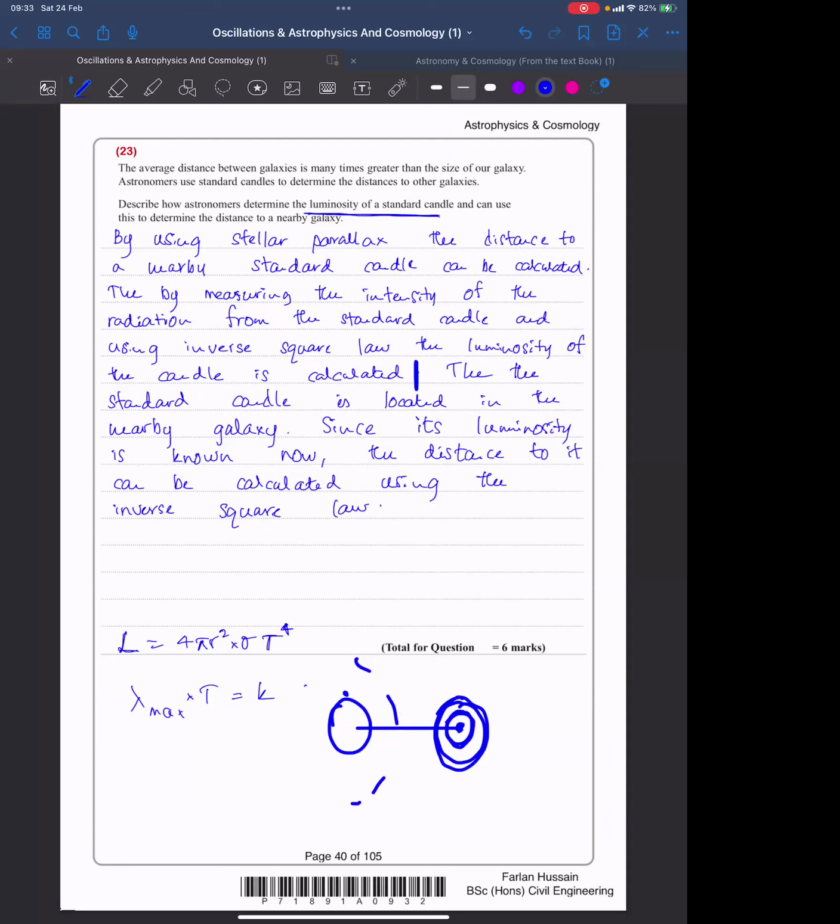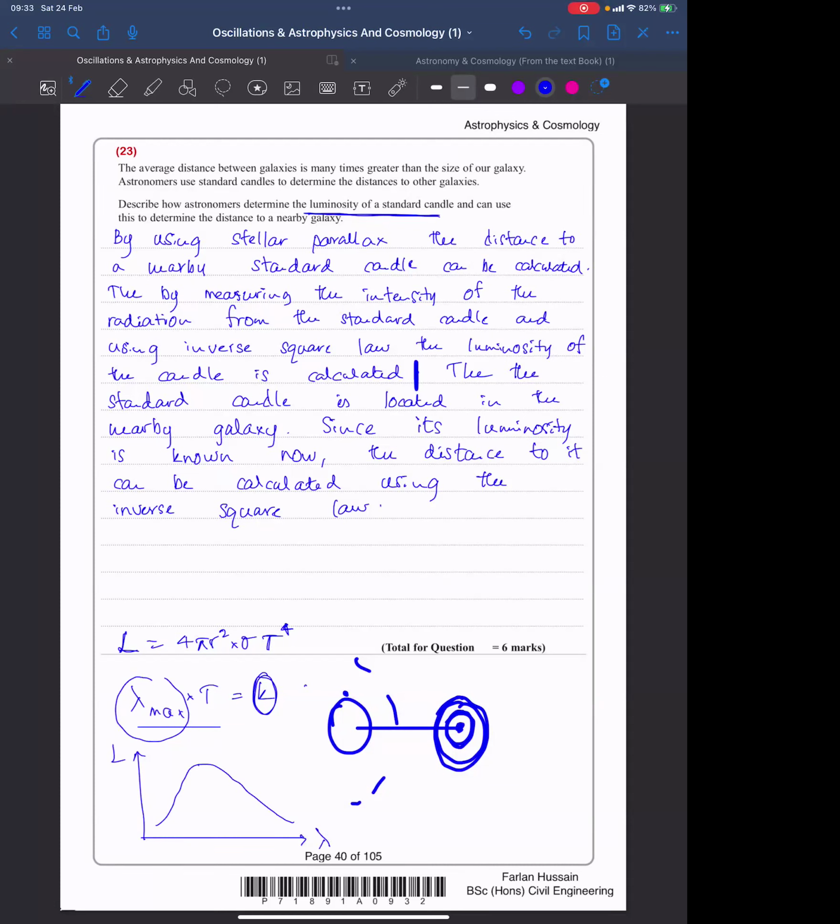Okay, then you have to get the wavelength of the maximum intensity. Then you should know the temperature of the nearby stars. You know the K. You have the graph of luminosity versus lambda.